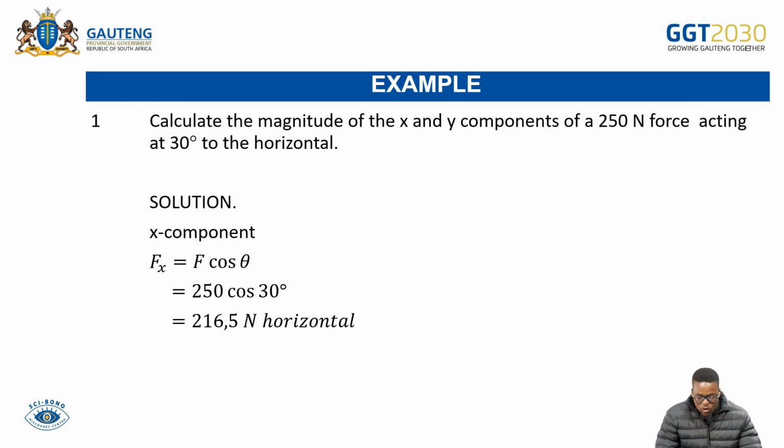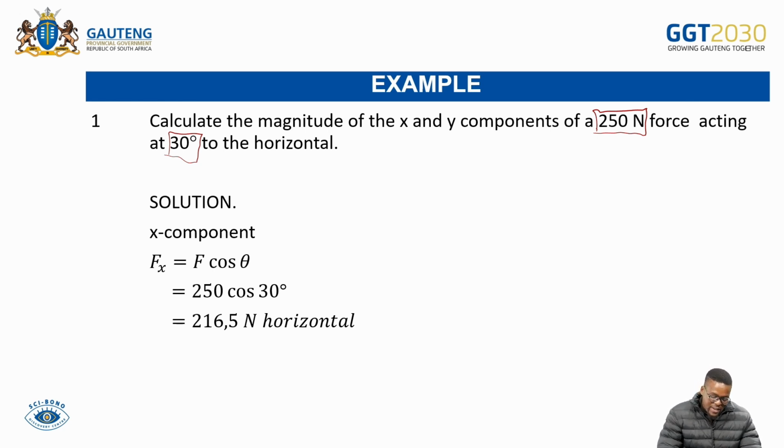Calculate the magnitude of the x and y components of 250 newtons force acting at 30 degrees to the horizontal. So the force that is given here is 250 newtons, acting at an angle of 30 degrees with the horizontal. Then how do we find the x component, which is the horizontal component?